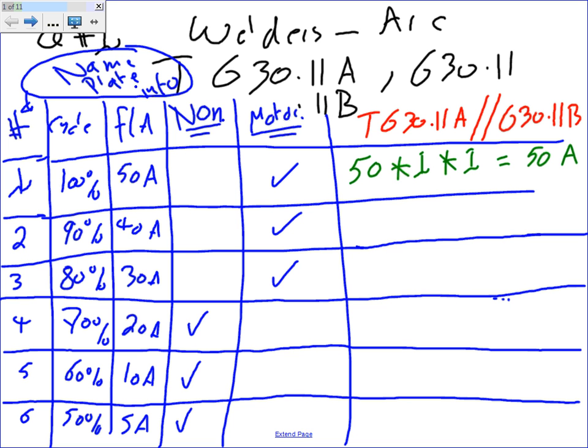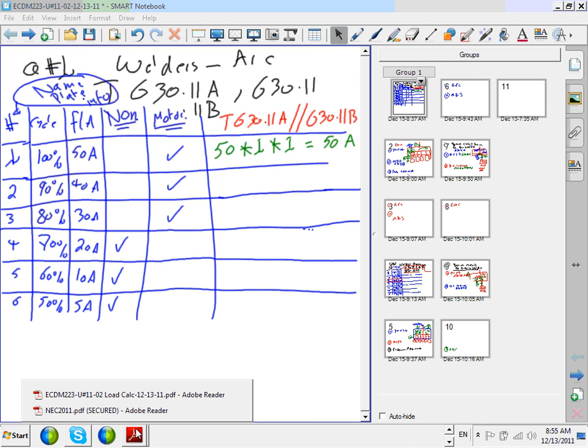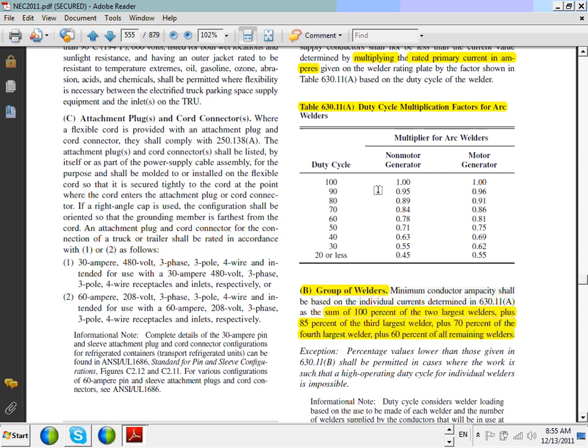If you guys go to the table, let's go directly to here. The first motor that we have, the cycle is 100. Can you see the 100 cycle here? I have 100 cycle, and my motor is non-motor generator.